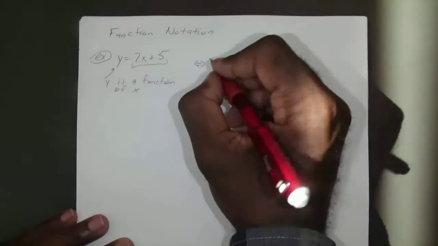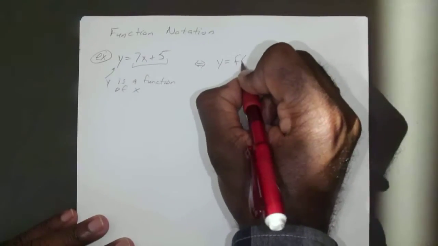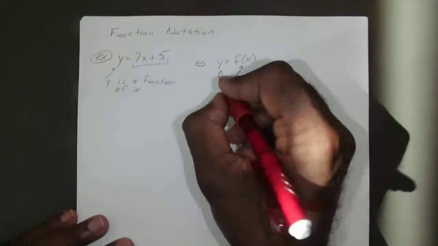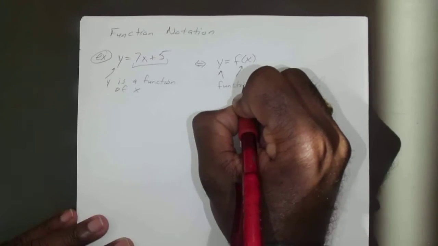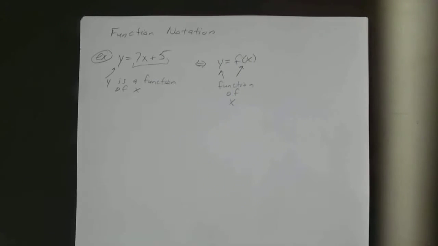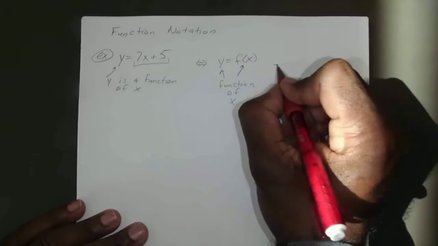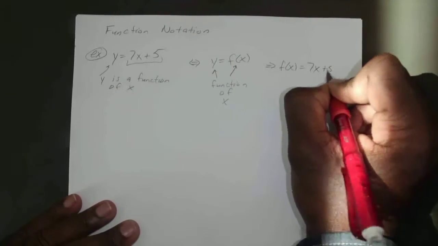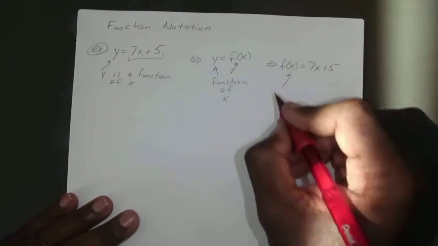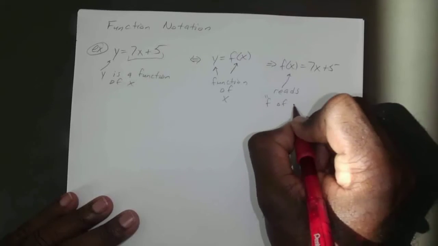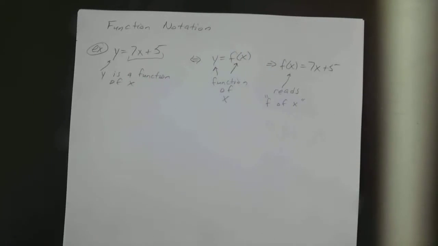Okay. So what we're going to do is we'll just let y equals f of x, where both of these just mean function of x. So that y equals 7x plus 5, you just write it as f of x equals 7x plus 5. Okay, and that just reads f of x, or function of x.